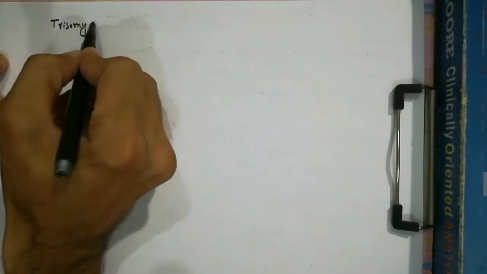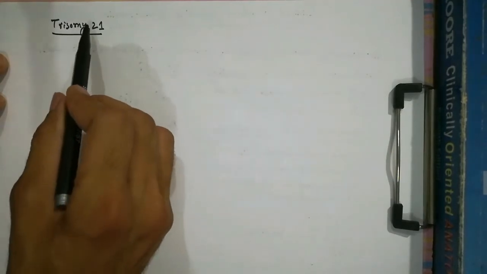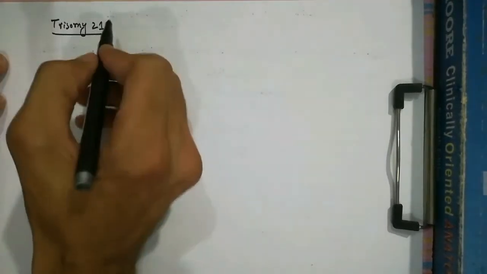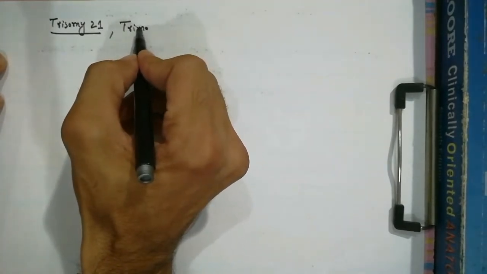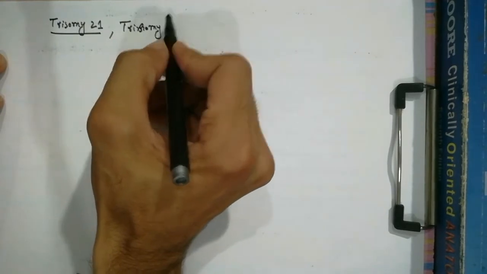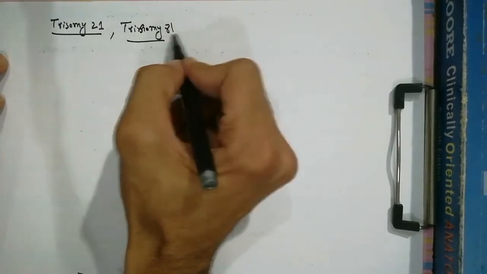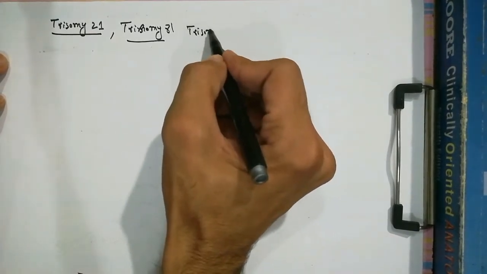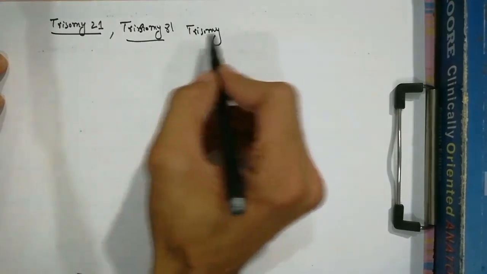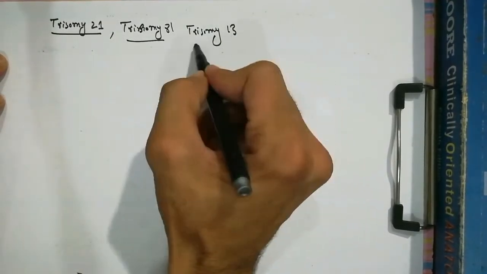Trisomy may occur at any pair of chromosomes. For example, trisomy 21 means there are 3 chromosomes at the 21 pair, and trisomy 18, trisomy 13.